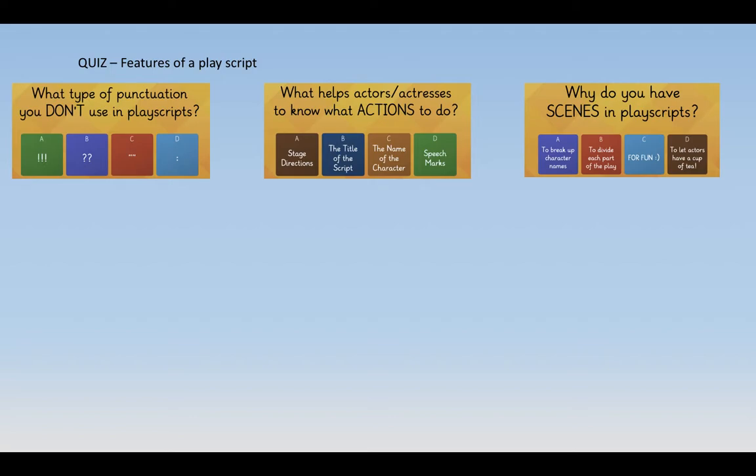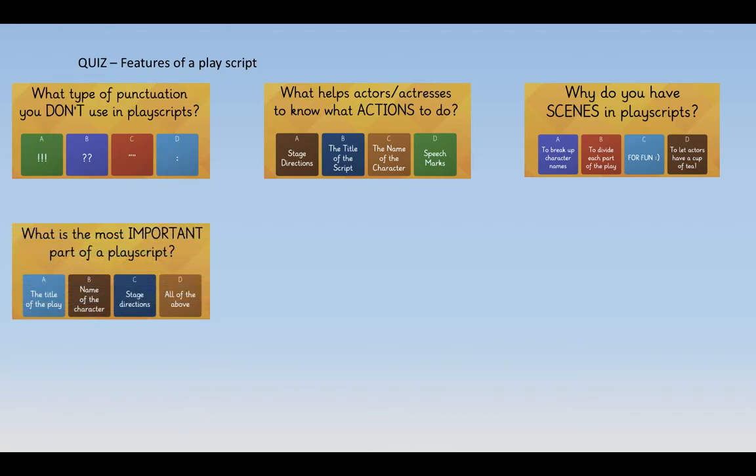3, why do you have scenes in play scripts? Is it A, to break up character names, B, to divide each part of the play, C, for fun, or D, to let actors have a cup of tea? Number 4, what is the most important part of a play script?